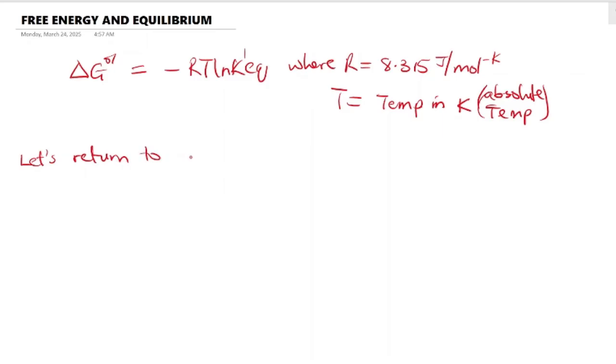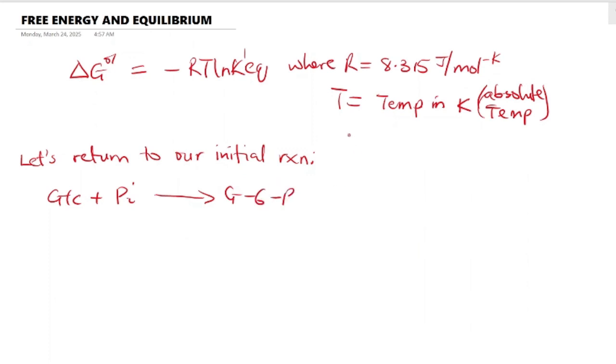If you recall, it is glucose plus inorganic phosphate that gave us glucose 6 phosphate.